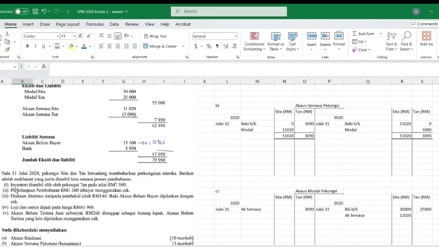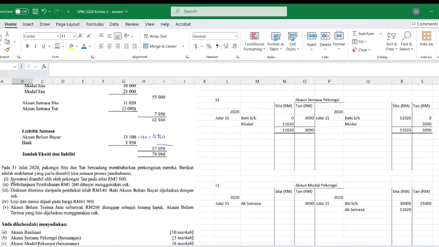Now we look at the additional information, maklumat tambahan. Inventory diambil alih oleh Perkongsian pada nilai 7,500. So over here, you will have a debit because Tan takes from the business. So there will be a debit from the realisasi referring to the inventory.